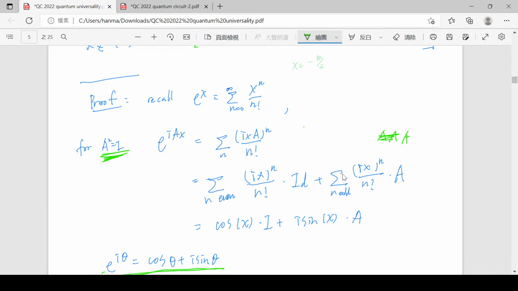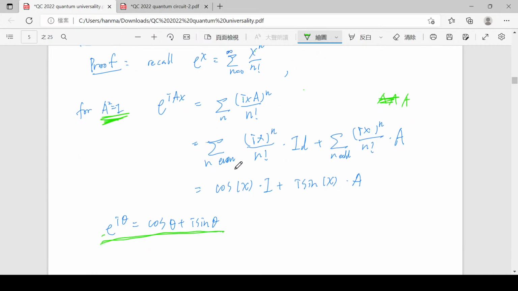And now finally you deal with, so you see that the matrix part actually doesn't depend on the n, right? So the matrix part is just identity if it's even, and A if it's odd. And for the other part, it's just the same calculation of this Euler formula, e to the i theta equals cosine theta plus i sine theta.